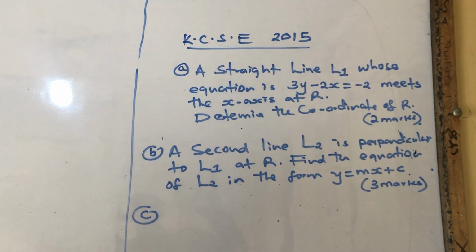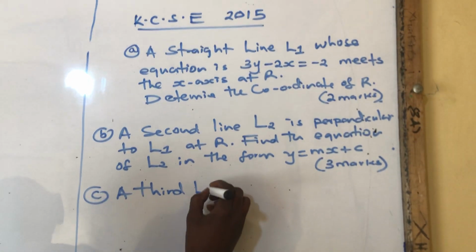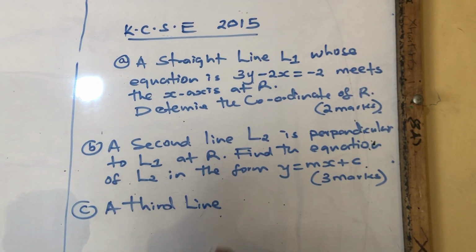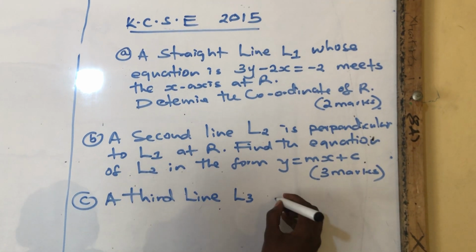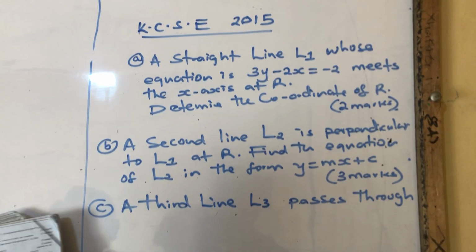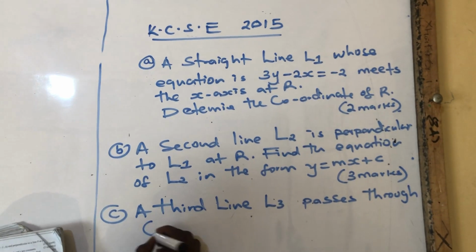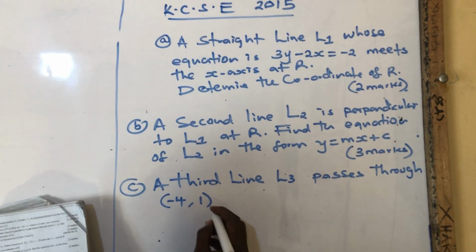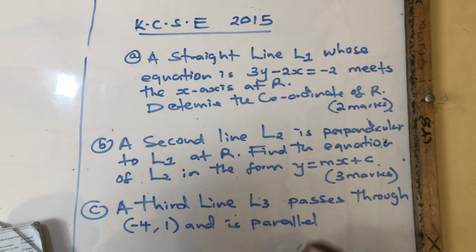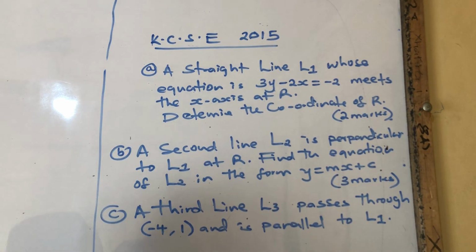Bringing us to part C. A third line L3 passes through -4, 1 and is parallel to L1.